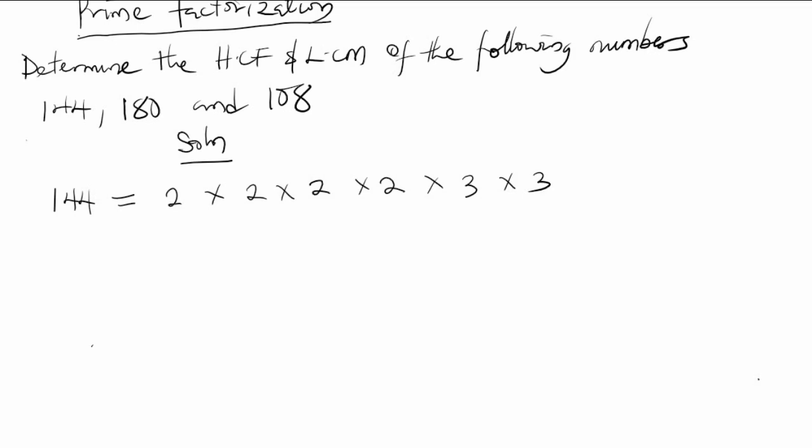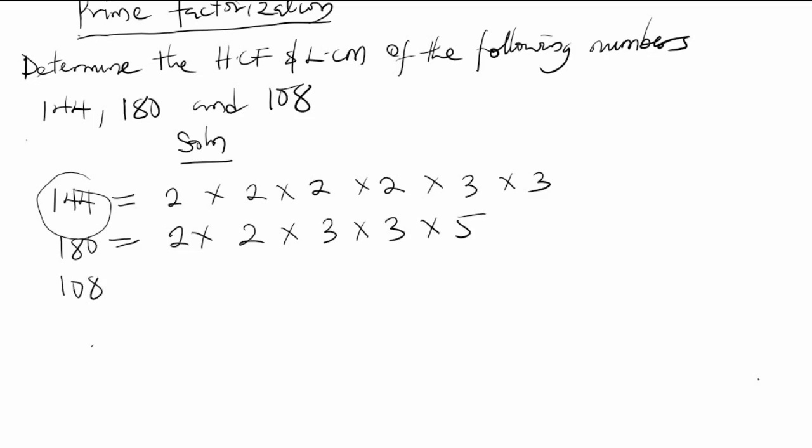This is the prime factorization method. 144 is the same thing as this. 180 is 2 times 2 times 3 times 3 times 5, and 108 is 2 times 2 times 3 times 3 times 3.